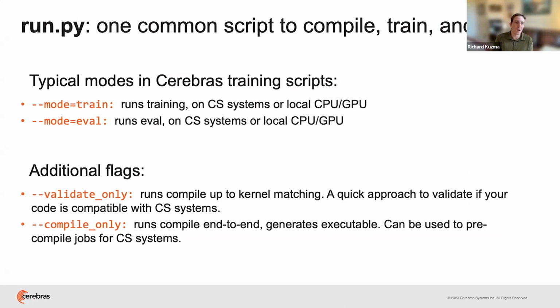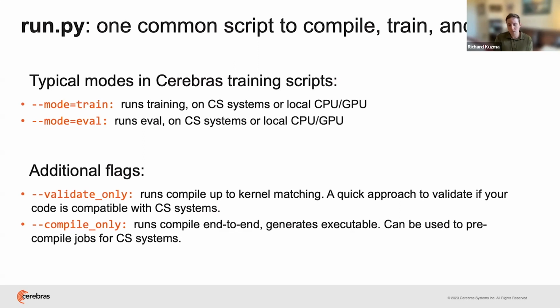So the two most common modes are train or eval. We also offer an eval all functionality. So if you want to evaluate a directory full of model checkpoints, you can easily do so. You don't have to write necessarily a loop for that. And then we supply an interface to run your models with this.